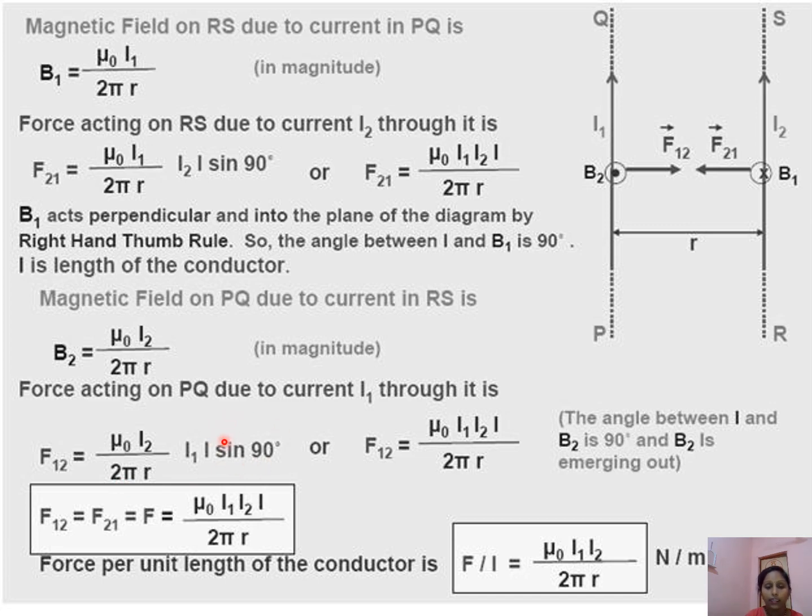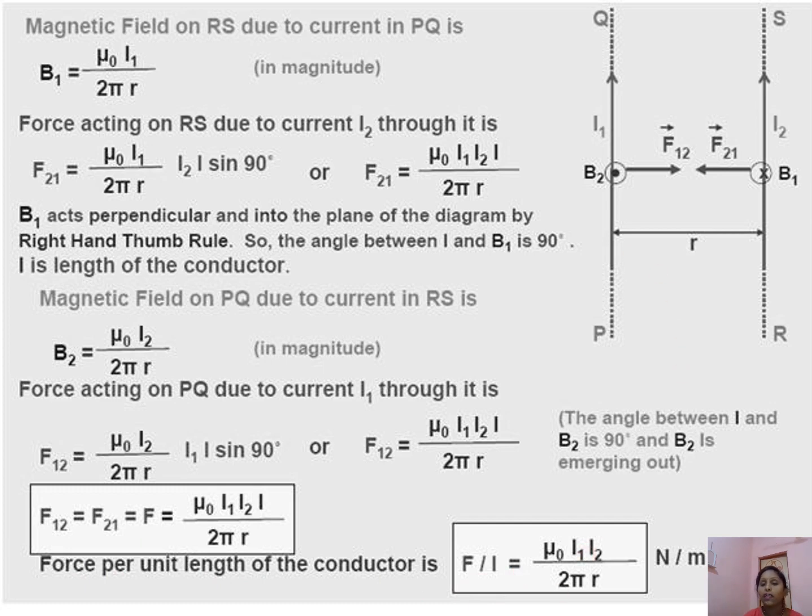Again sine 90 degree value is 1, so F12 is equal to mu naught I1 I2 L divided by 2 pi r. As both the values are the same, F12 is equal to F21, that is also equal to F, that is equal to mu naught I1 I2 L divided by 2 pi r. We want force per unit length, so it is written as F by L, that is equal to mu naught I1 I2 divided by 2 pi r.